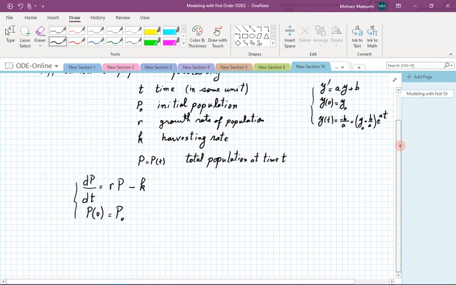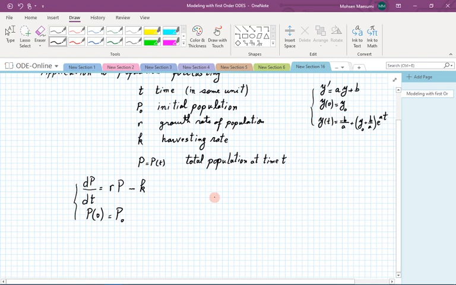Making use of this formula that we have developed before, we can immediately see what the population at time t is going to be. So minus b over a. Who is playing the role of a and b? Of course, this is our a, and this one is our b. And the population, therefore, minus b over a is going to be k over r, and then the initial population, whatever that is, plus b over a, which is going to become minus k over r, and then exponential of rt.